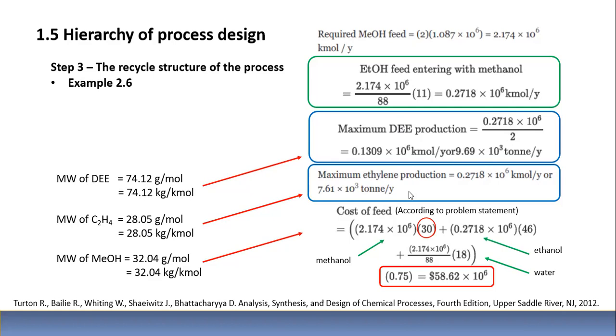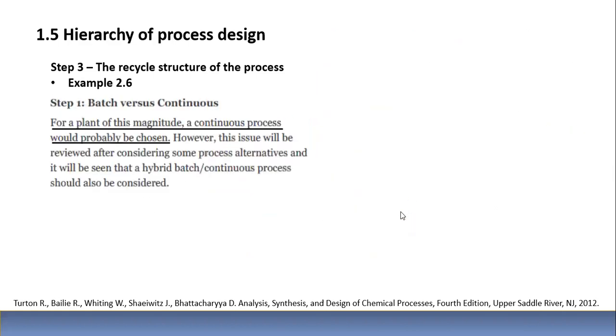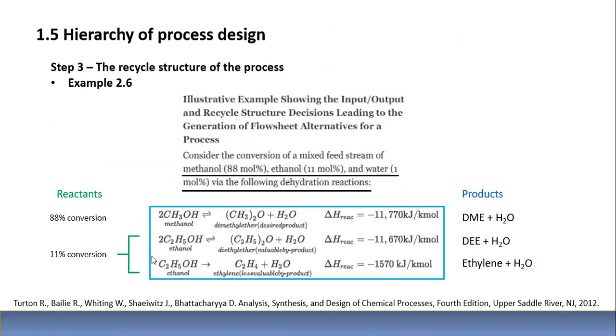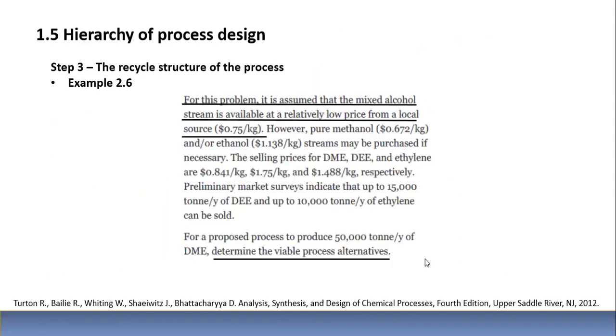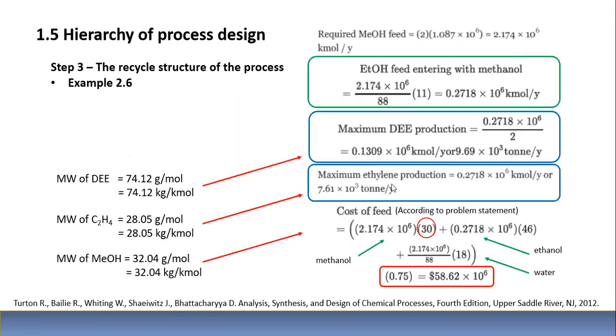And ethylene production, remember, ethanol also produces ethylene. Here, there is a 1-to-1 ratio of ethanol to ethylene. Okay, so we're going to use that ratio. Ethylene production will use the same number, the ethanol that is coming in, because it is a 1-to-1 ratio, ethanol to ethylene.